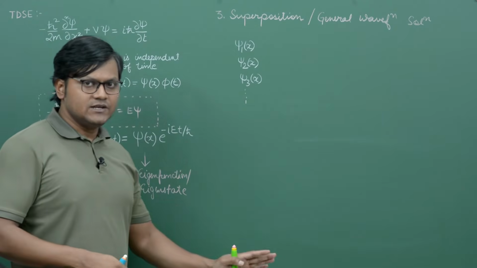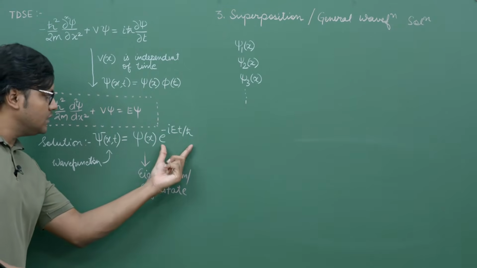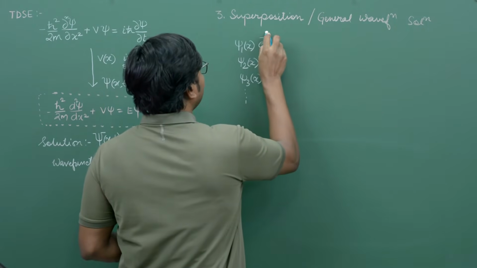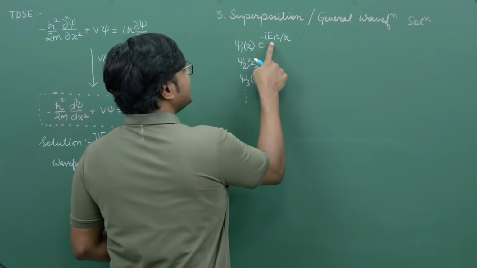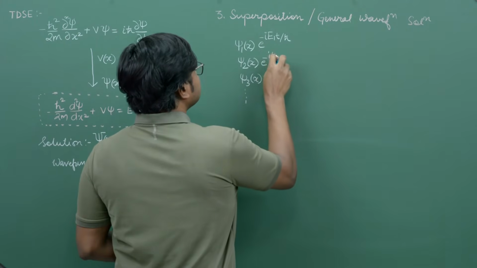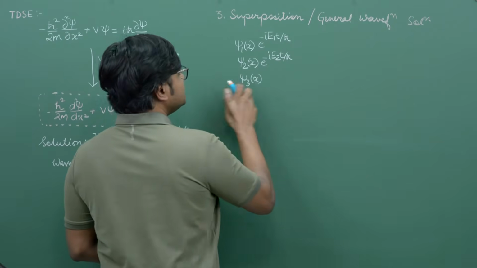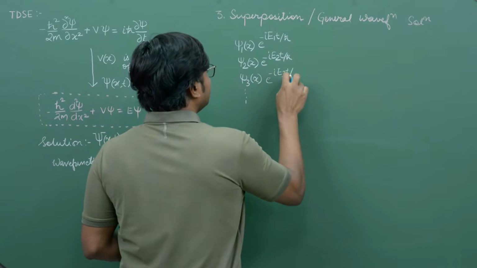Now these are eigenstate solutions which, if I combine with the time dependent part, then it simply becomes the wave function solution. So e to the power minus iota E1 t upon h cross, where E1 is the energy level associated with this state, and e to the power minus iota E2 t upon h cross, E2 is the energy level associated with this state, e to the power minus iota E3 t upon h cross.